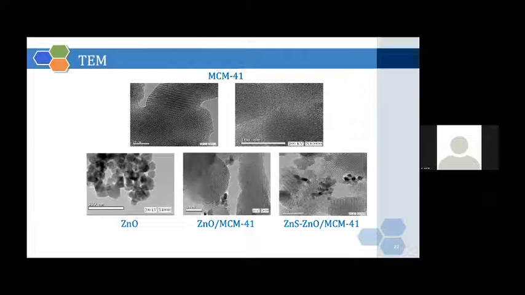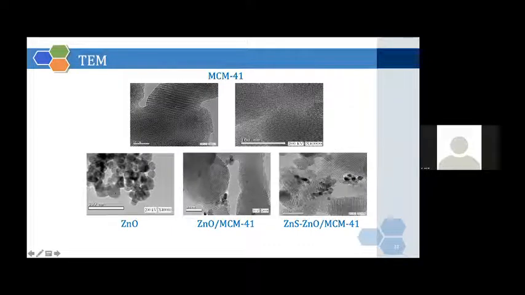These are the TEM images, or transmission electron microscope images, of the prepared samples. For MCM, this image confirmed the preparation of MCM from blast furnace slag, showing a hexagonal distribution with mesoporous structure and uniform pore size of about 2.7 nanometers.